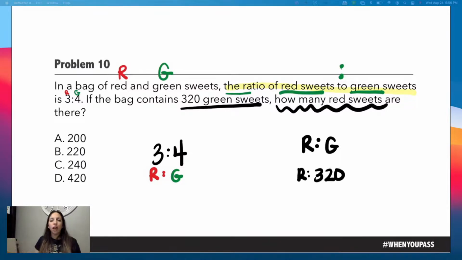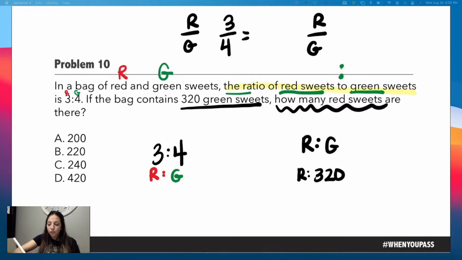Well, they've made our life really easy, because in this problem, I don't have to interpret anything. I can do red over green equals red over green, because when I set up a proportion, I have to have proportions that are comparing the same two things. So I have red to green, and I have red to green. 3/4 equals R over 320. R is my variable of what I'm looking for.